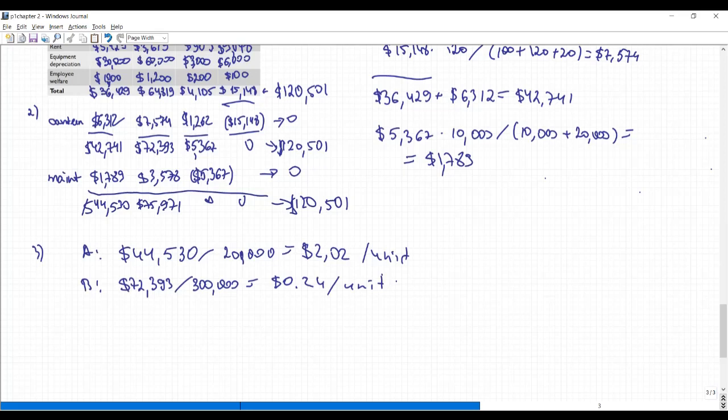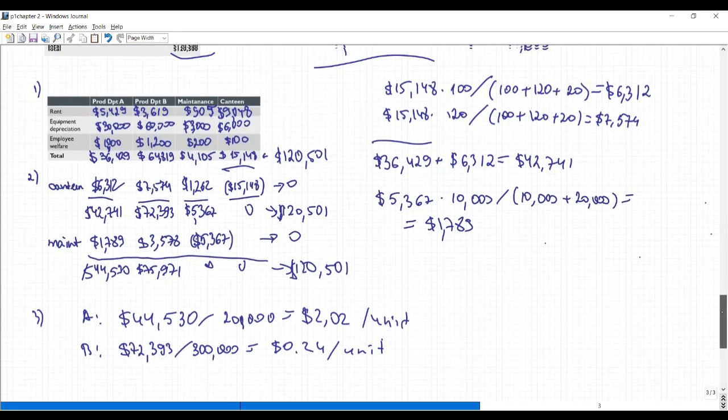Okay, so this is how we make the apportionment of our overheads if we have several departments and supporting departments, and how we calculate actual overhead per unit. So that's it, and that's how absorption costing works.